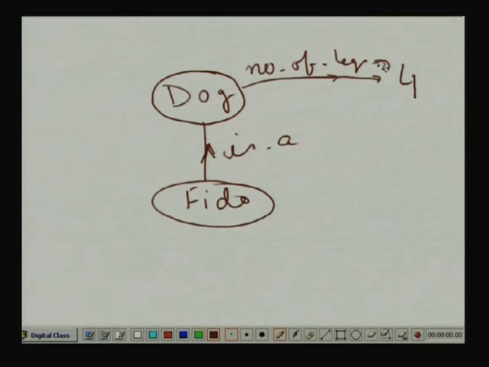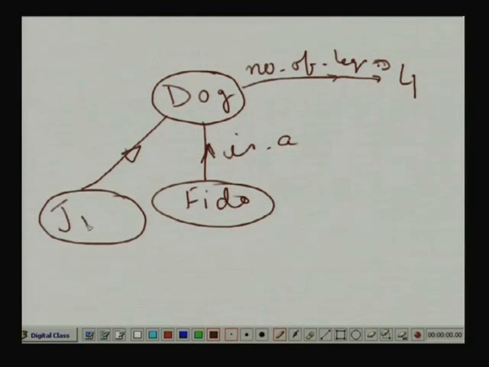So, now from here we can inherit. You see how inheritance can be used: since Fido is a dog and dog has number of legs to be 4, therefore Fido will also have number of legs to be 4. Now, this property of number of legs has not been stored with Fido, because I could have had another dog, Jim.